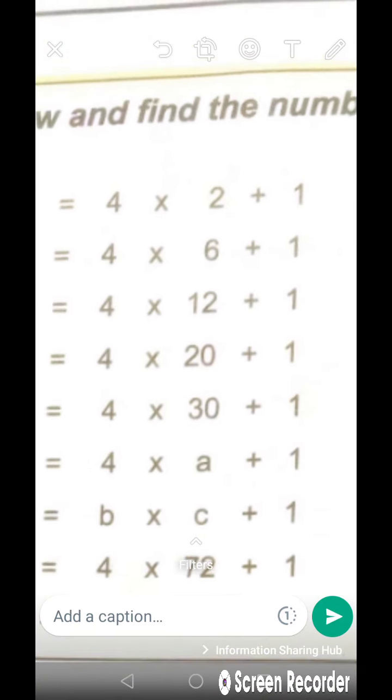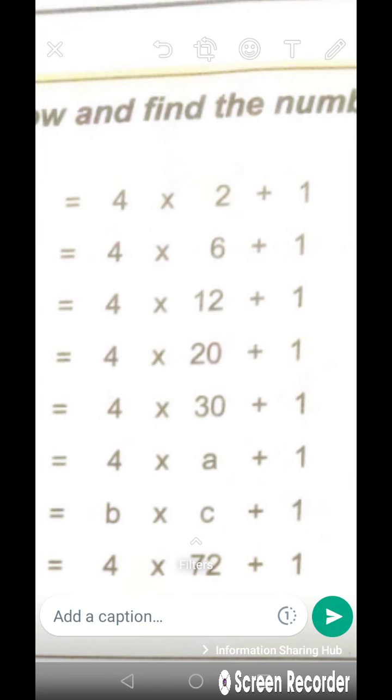Okay, now let's go down to this other pattern. You can see 4 times 2. What's the difference? Look at the next one. 6. They have a pattern. The difference between 2 and 6 is 4. So when you add 4 to 2, you get 6. Okay, so when you add 4 here, you get 6.